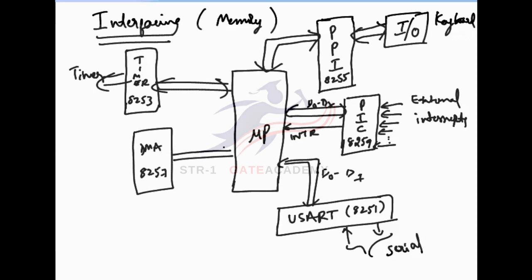These are the general requirements: input output devices we must connect, sometimes external interrupts, and sometimes serial communication. To perform all these operations, these interfacing devices are required externally. So 8251, 8255, 8259, 8257 and 8253 are all interfacing devices.